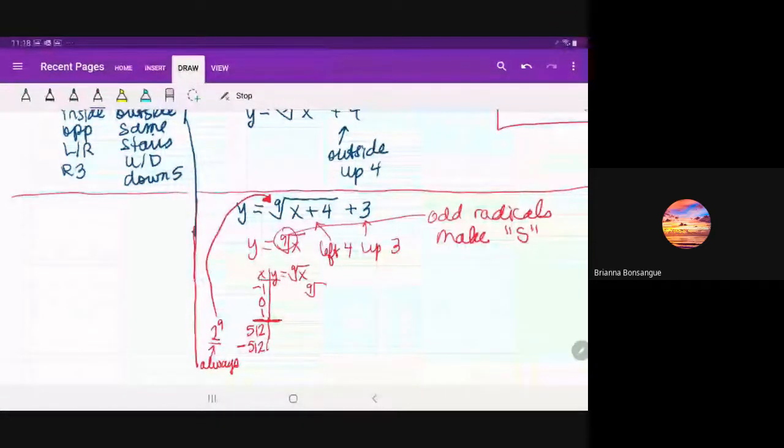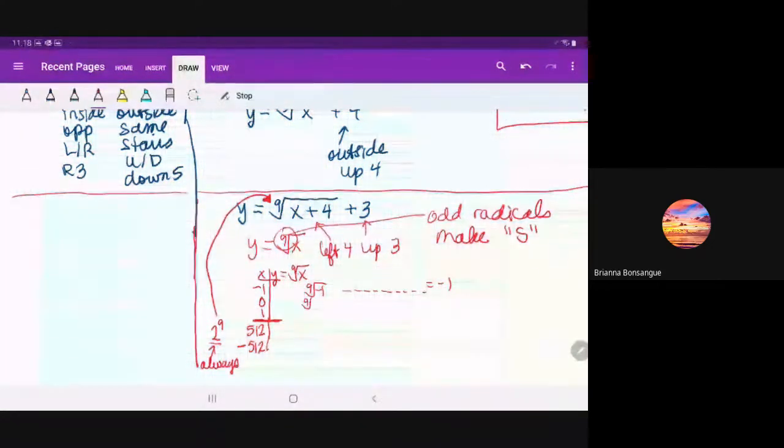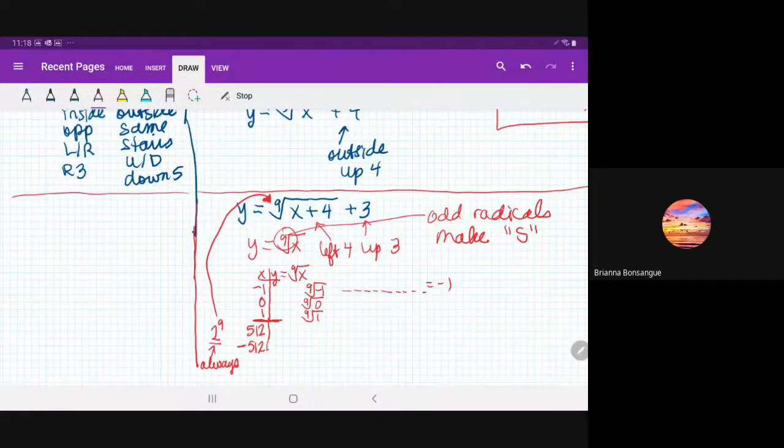So the 9th root of -1, I need 9 factors to get -1. So what's the 9th root of -1? Is that impossible? Or is that an actual number? The 9th root of -1. Can an odd number of negatives give you a negative?